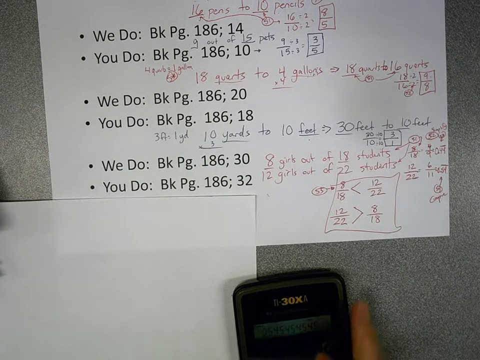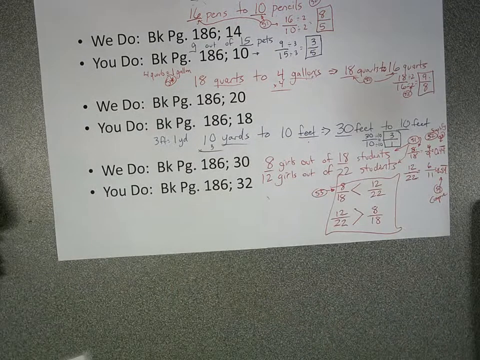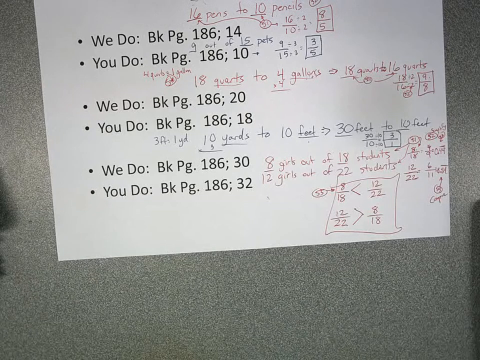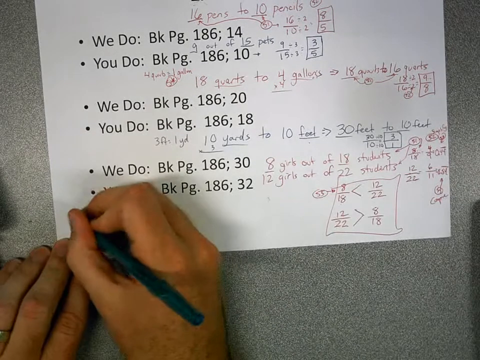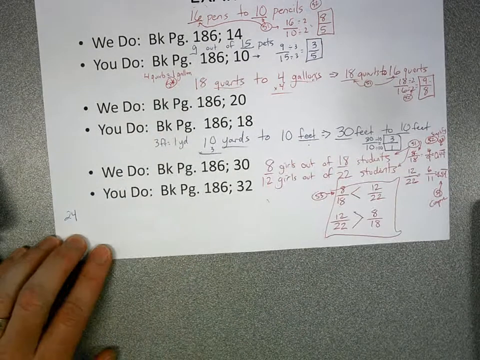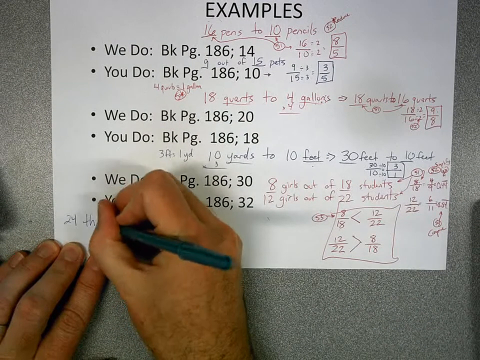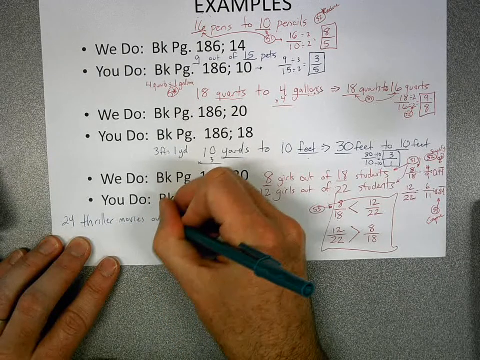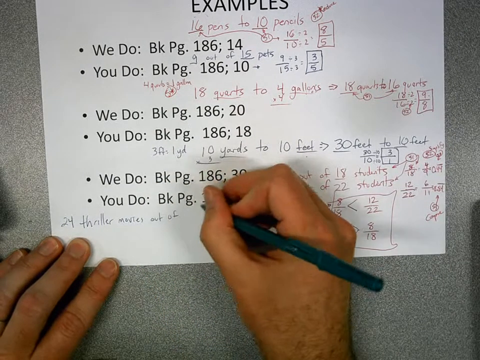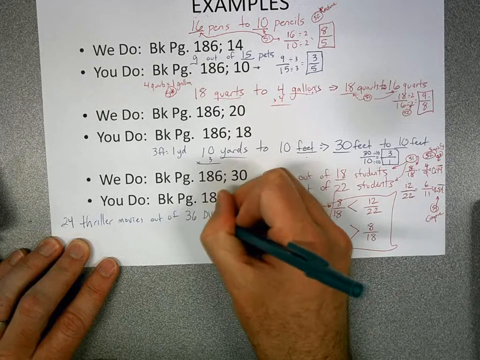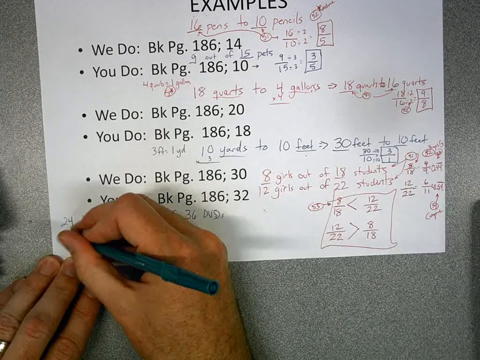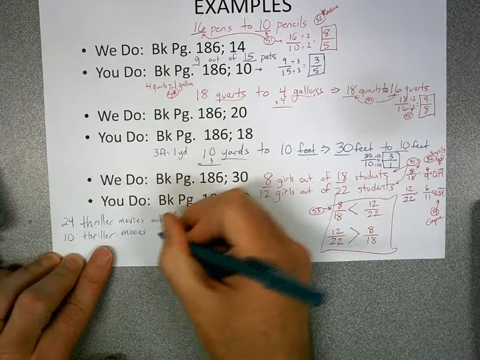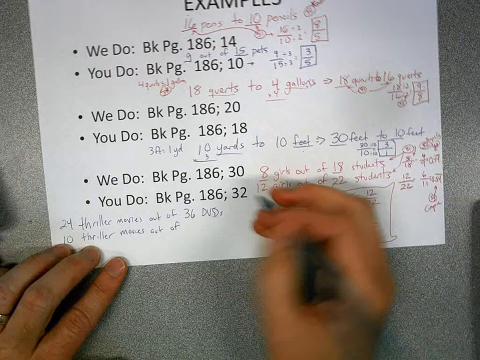Okay, so here we go. Let's take a look at problem number 32. Number 32 says we have 24 thriller movies out of 36 DVDs, and then we have 10 thriller movies out of 15 DVDs.